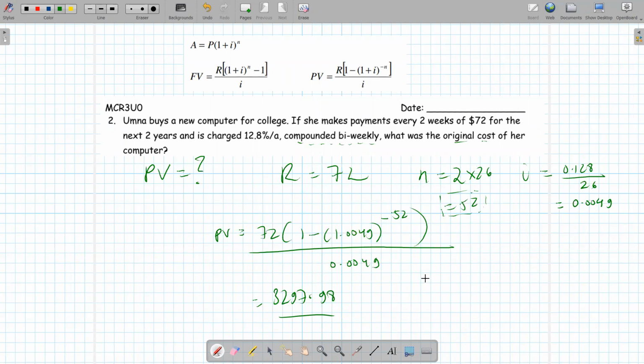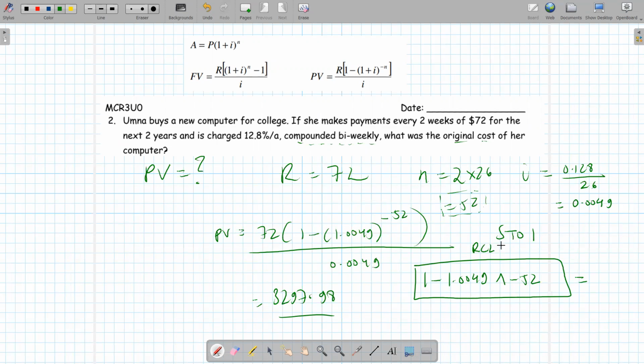We're first going to do 1 minus 1.0049 to the power of negative 52. Do this first, press equals. And then do STO1. Then do RCL1.